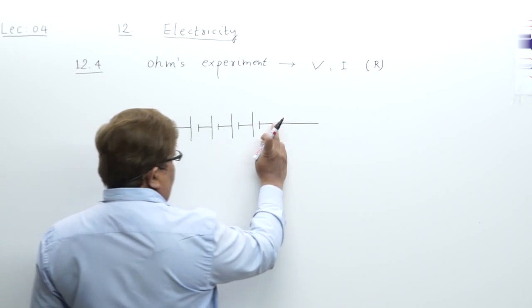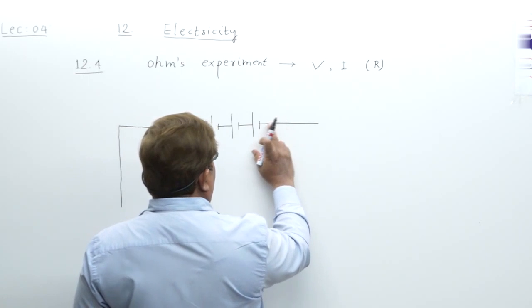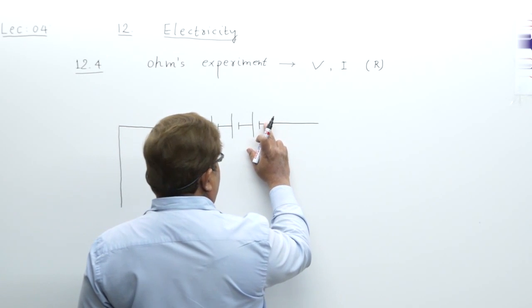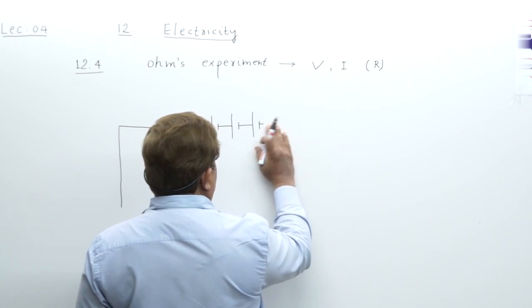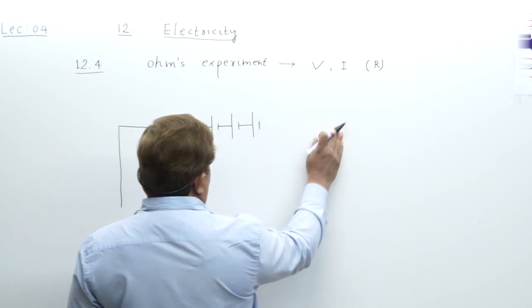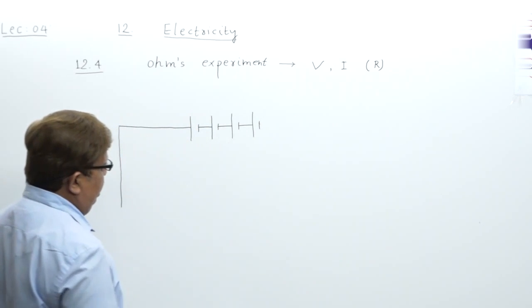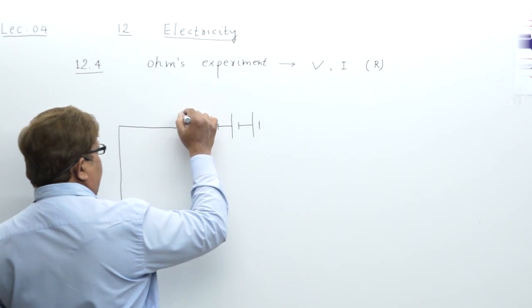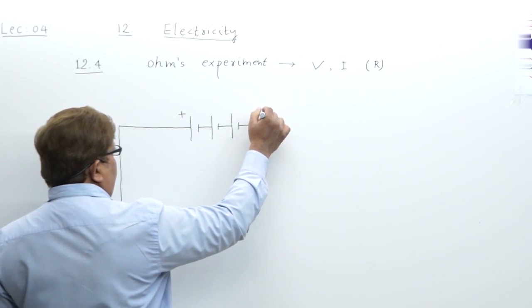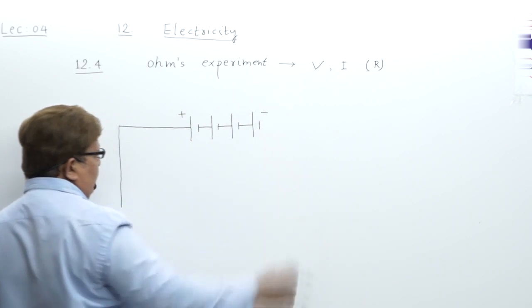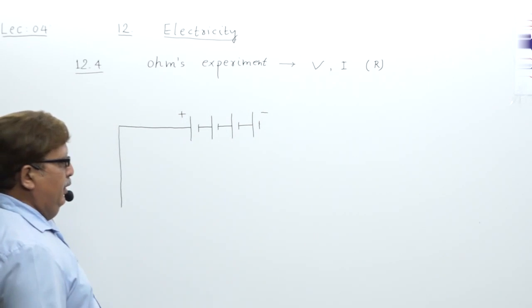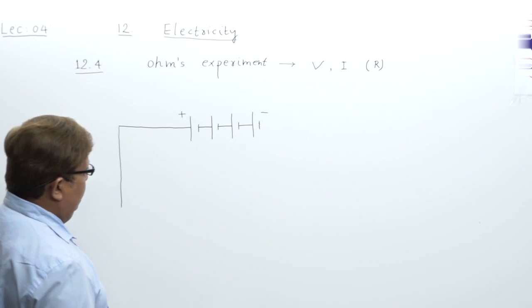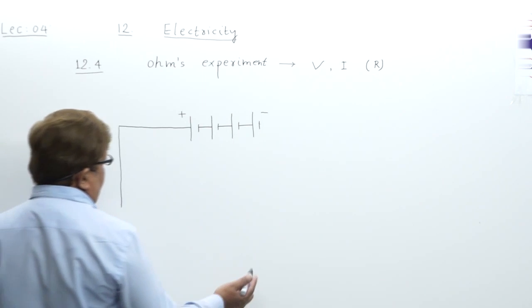Now, after showing the battery, my dear student, this is the battery. Obviously, you can understand this is the positive electrode, and obviously this is the negative electrode. Just try to understand it.